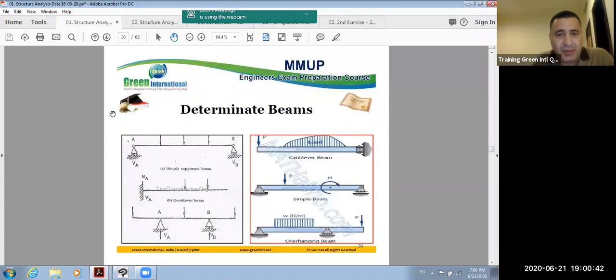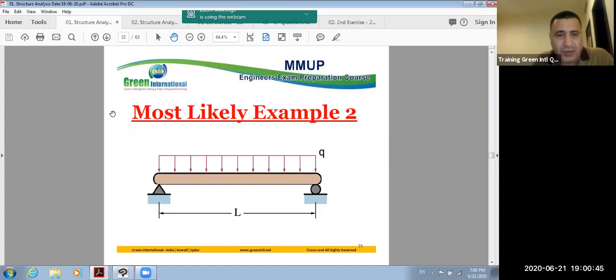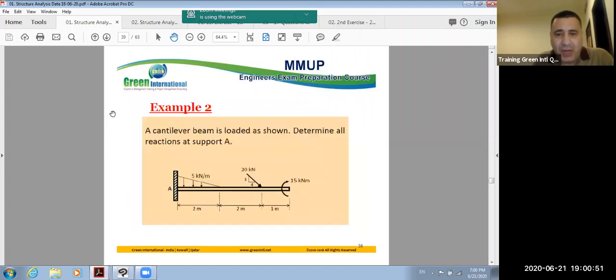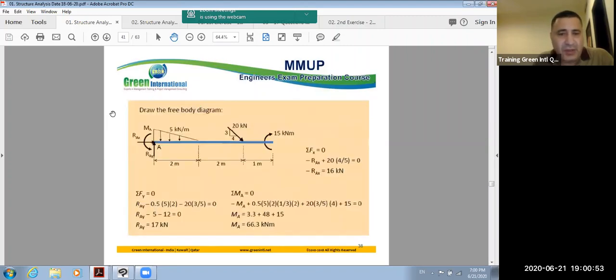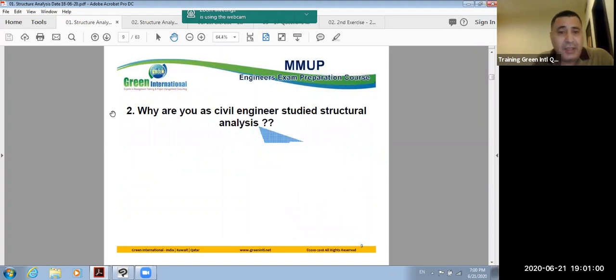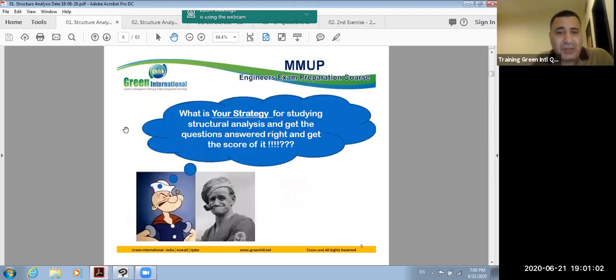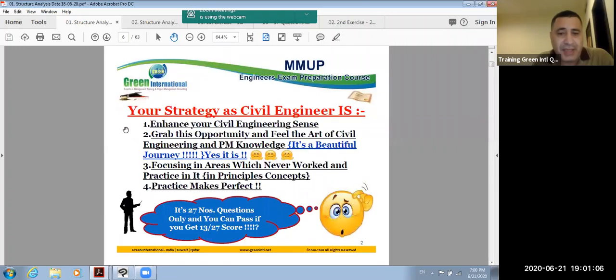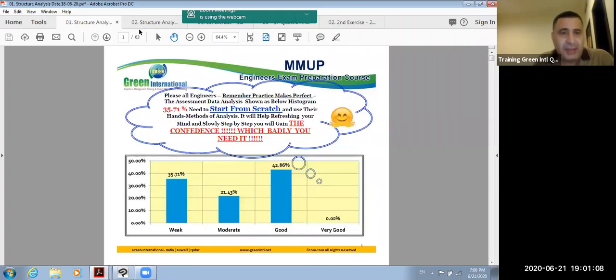We discussed supports, the signs of normal force, shear force, and the bending moment. We discussed how you can draw the shear force diagram, normal force diagram, and moment diagram. This is a reference: if you have confusion related to bending moment signs, you can come back to these slides.